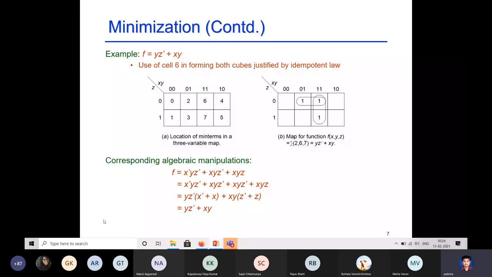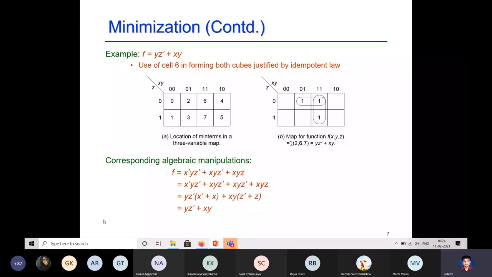Let's say in some function, these are the true min terms. So the function is basically x prime y z prime plus x y z prime plus so on. So I mark the min terms. This I can easily do. I can look at the truth table, or if it is already a product term, I can look at them and mark the true min terms.